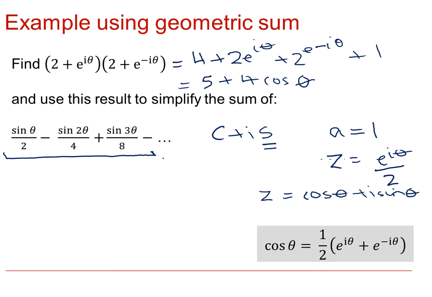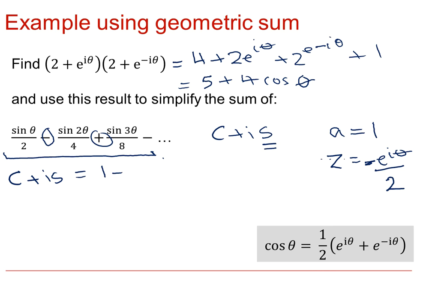And I also notice that I've got alternate signs, so I need to put a negative in there as well. So then I would have that C plus iS equals 1 plus minus e to the i theta over 2 plus minus e to the i theta over 2 squared, and so on.